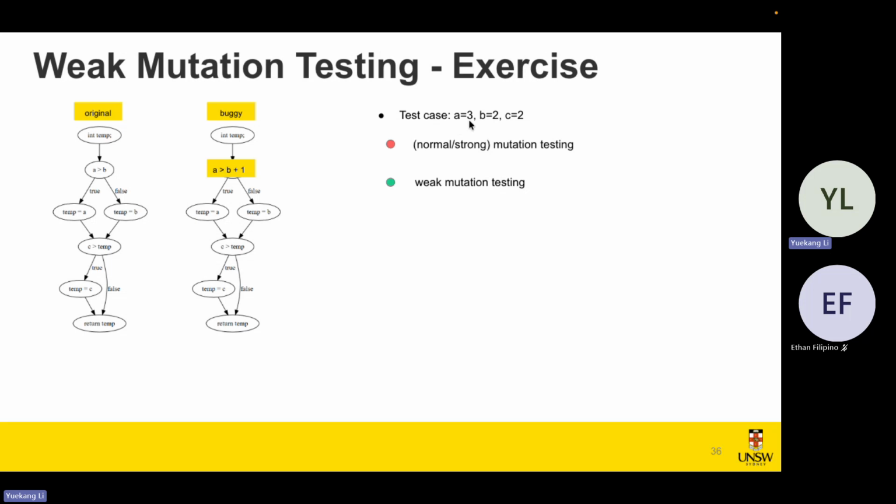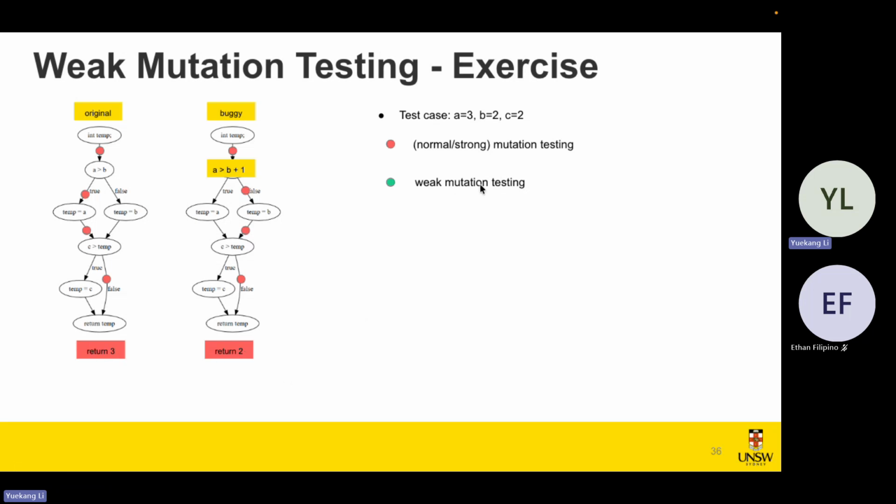Let's also assume that we have the test case here as the test suite. For normal mutation testing, we just execute the original program, get the return value here, and then we execute the mutant and get the value here. And we compare the difference between the two outputs, and we can find the bug.